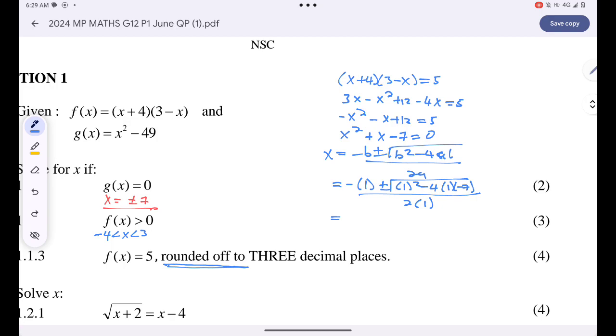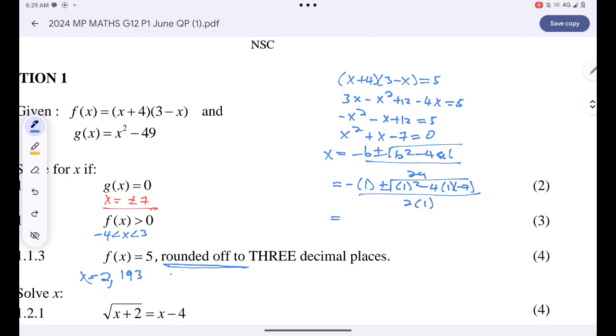Negative 1 plus the square root of 1 squared minus 4ac all over 2a. This will basically give me 2.193, my first x value.